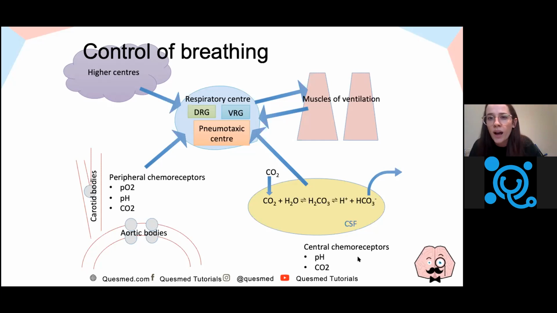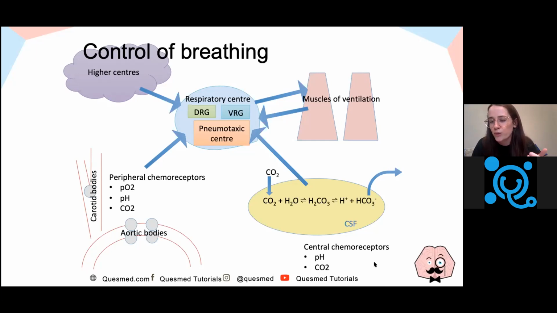So we have drugs that affect the control of respiration. Drugs such as opioids, so morphine, things like that, can reduce respiratory drive, and therefore that can increase your carbon dioxide levels and reduce your oxygenation. Opioids work on various different areas.